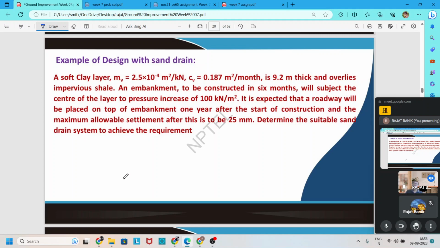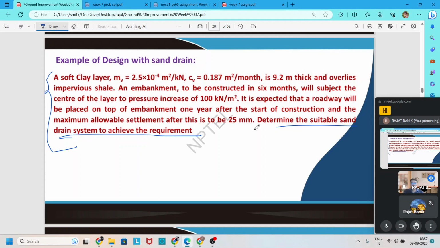This type of problem can be called a design problem. We are designing the vertical drain diameter and also the spacing of the vertical drain. So first we need to find the total settlement due to this preload, the total settlement of the soil over the lifetime of this construction.